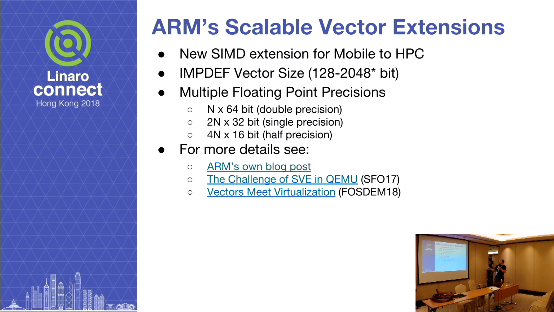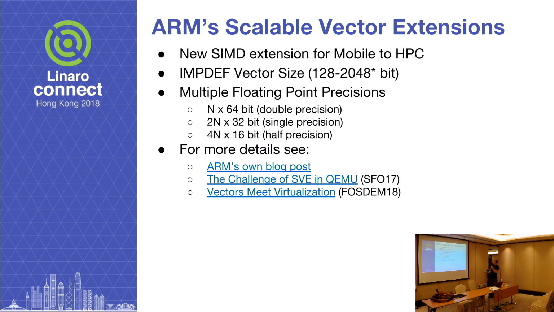Now the important thing about the vector extensions is they've introduced a number of new instructions that allow you to write code that utilizes these vectors without actually knowing what the system implementation size is. So the idea is that you can write a piece of vectorized code that will run on a mobile phone that might have a relatively small vector length, and take exactly that same binary and run it on your high-performance computing system, and it will run faster because it will be doing more elements at a time, but the code doesn't need to be changed to do it.